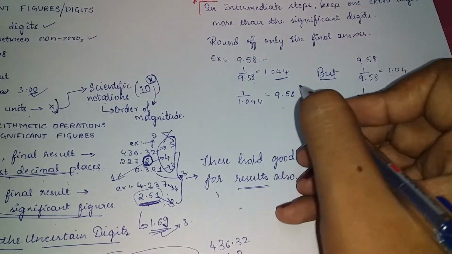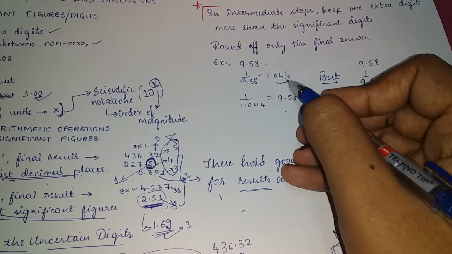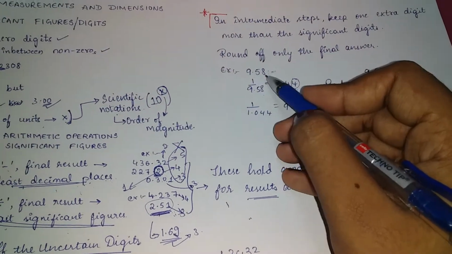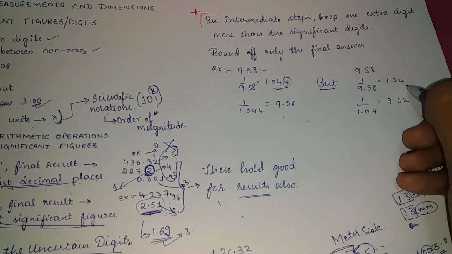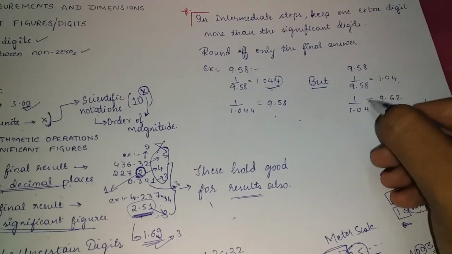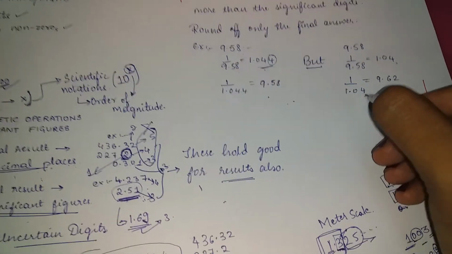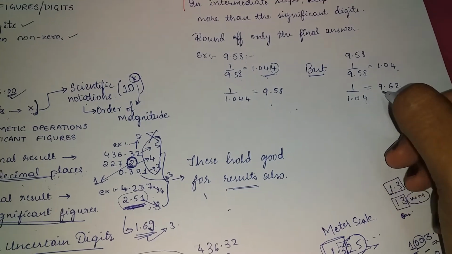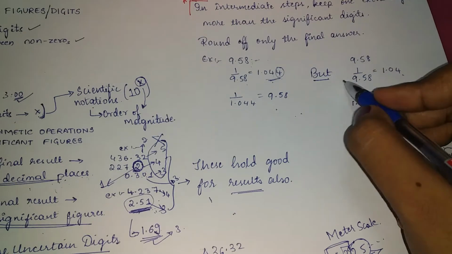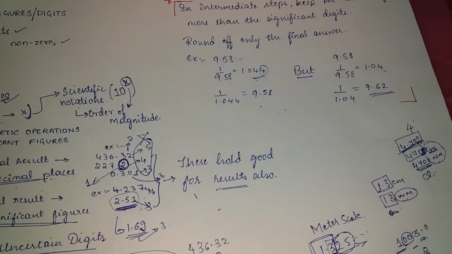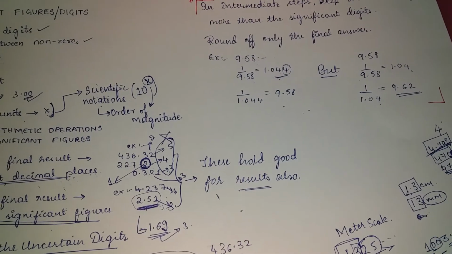But if you round it off to three significant figures, because 9.58 has three significant figures, then when you take the reciprocal of that three significant digit number, 1 by 1.04 will result in 9.62, which is way different from 9.58. It is not the same.